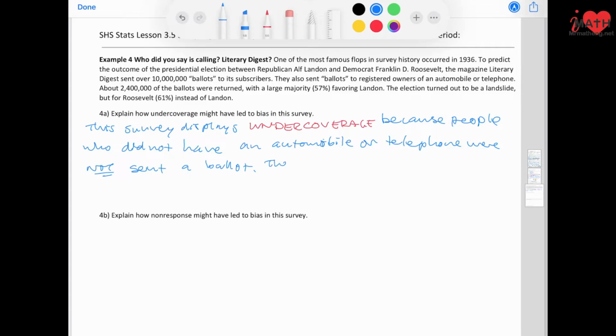These people generally had less money than those who were sent a ballot.